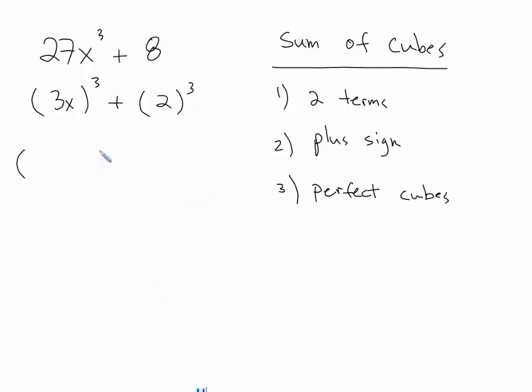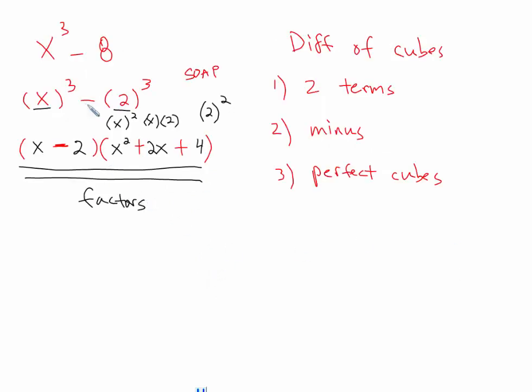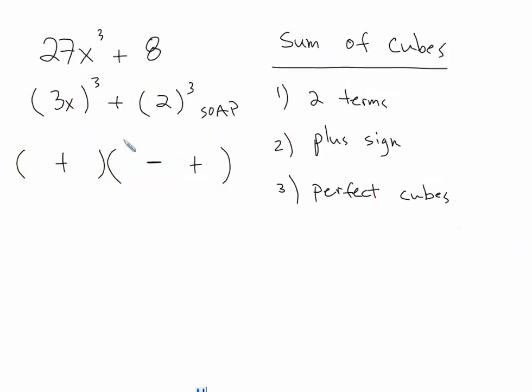So if we factor this now, right? Remember we're always going to have a binomial followed by a trinomial. And then we use SOAP to get our signs, right? Fill in the signs first. So S for same, opposite, always positive, right? Same, opposite, always positive. Remember we did the same thing for the last example. And then the 3x and the 2, right? Let's fill them in. So the 3x here and the 2, plug them into the binomial.